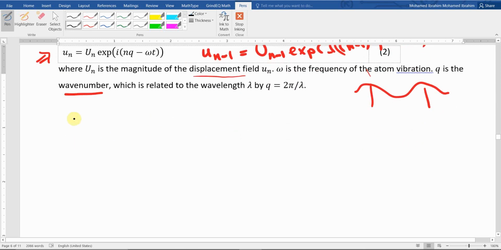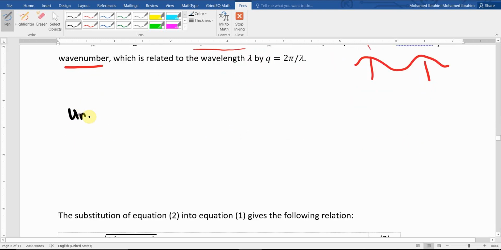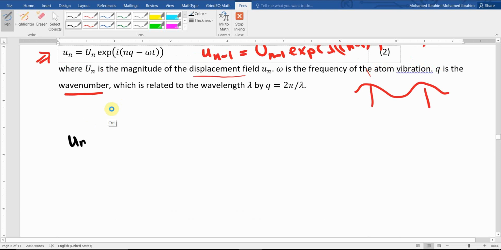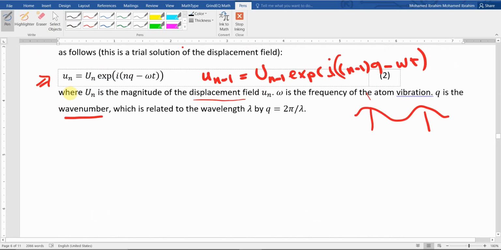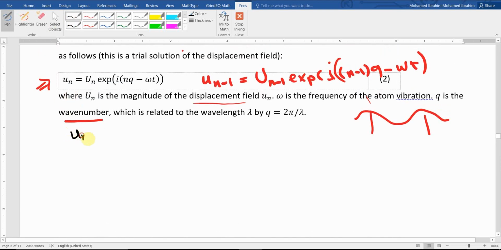We can assume that un equals, let me just choose this one. Let us assume that un equals u uppercase N, which is the magnitude. The exponential term, I'm going to split it into two parts, times e to the negative i omega t.